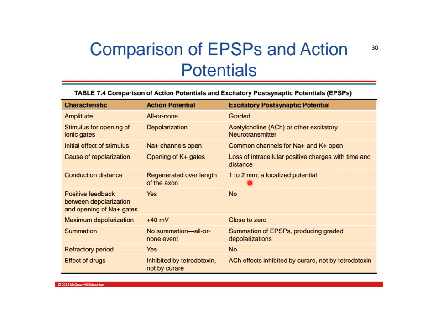Conduction distance. As I mentioned earlier, excitatory postsynaptic potentials are graded, and so you'll have a localized large change in membrane potential, but with distance, it'll decrease. There's no positive feedback with EPSPs. The maximum depolarization for an action potential is around plus 30 to plus 40 millivolts.